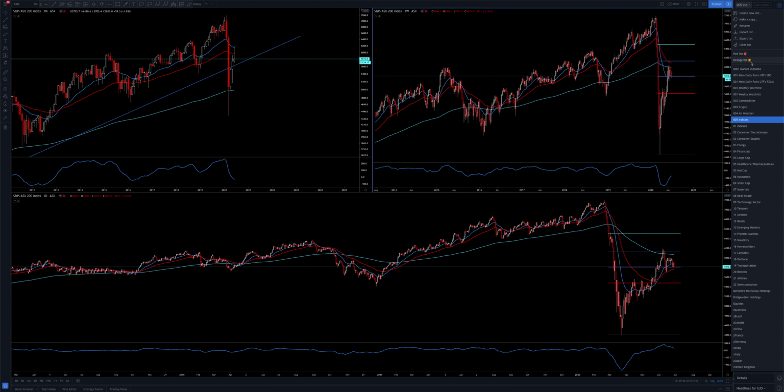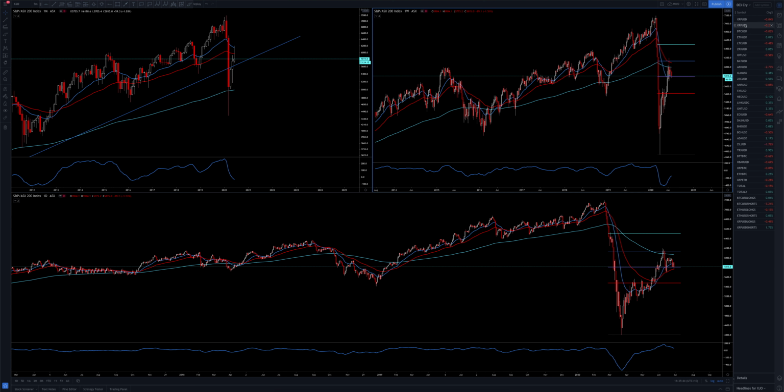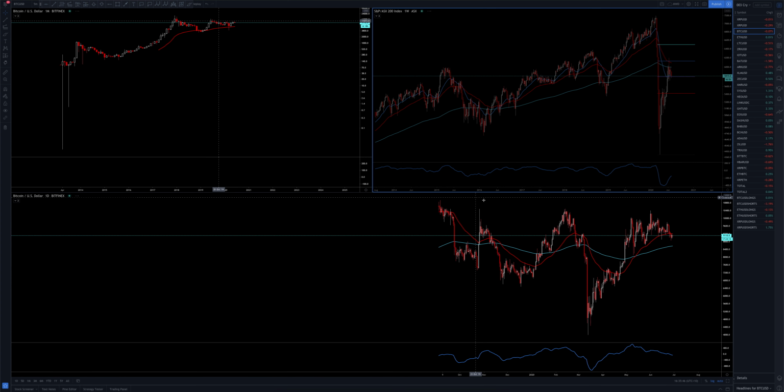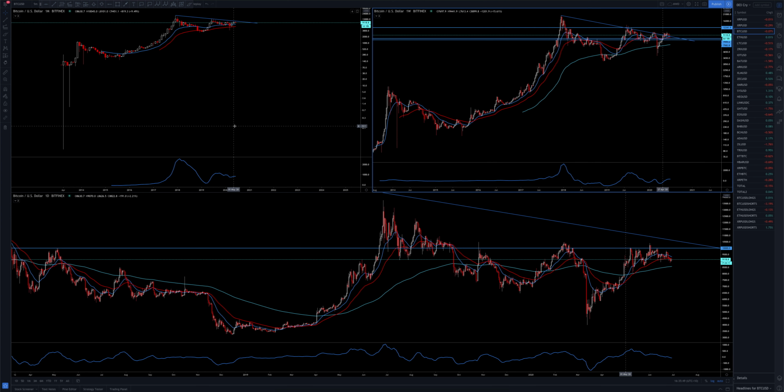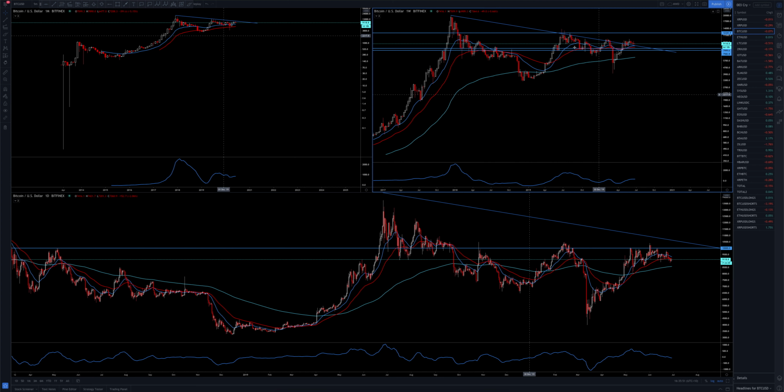So another thing I'll quickly touch on is crypto. Crypto had a bit of a sell-off. Yeah, crypto has sort of been correlating with the stock market.